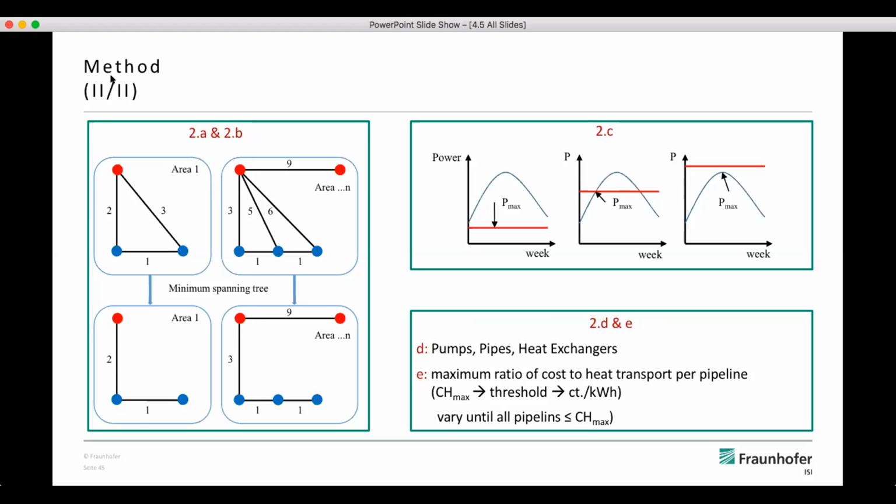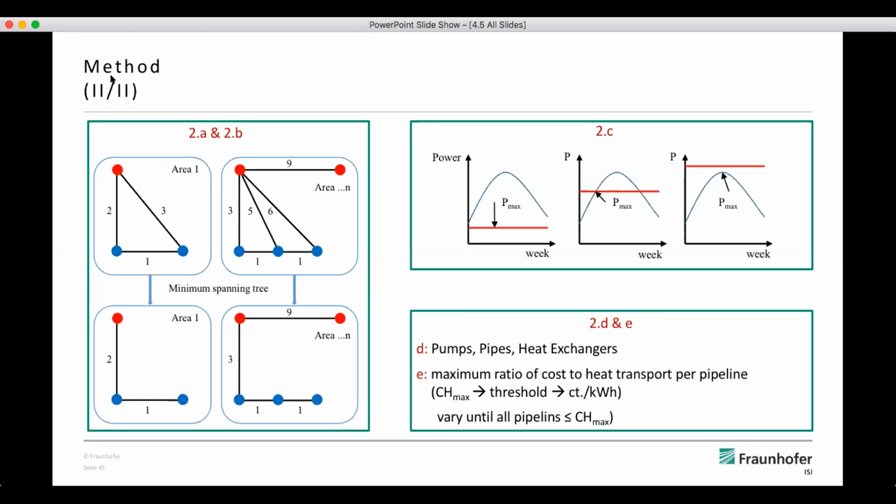And then we are setting in step E thresholds to optimize the network, but not with an optimization function as you usually know it from operations research. It's more heuristic. So we define a maximum threshold with regard to cost per pipe in cent per kilowatt hours.